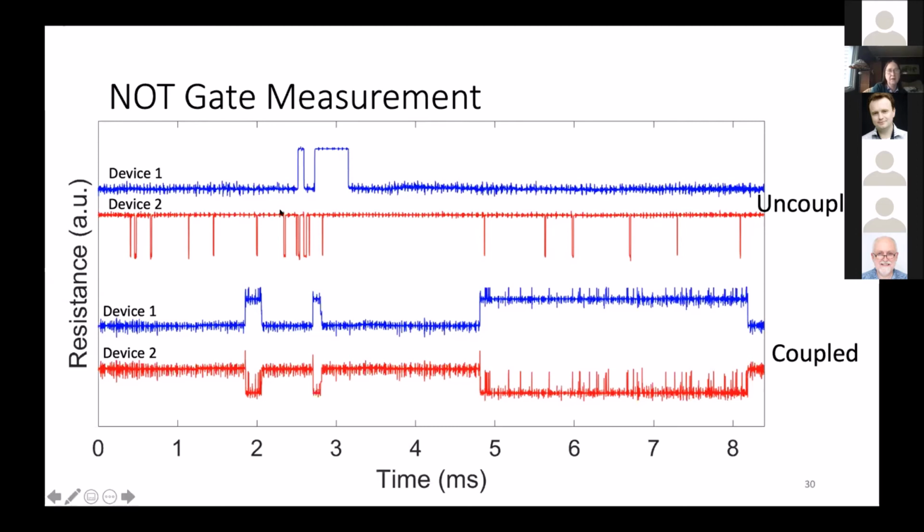The red is in a condition that favors the anti-parallel, but they're really not correlated with one another until we hook them up and, using this dipolar, well, not dipolar coupling, using the feedback that should give the NOT arrangement. And in fact, we see that 95% of the time, the state of device 2 is the NOT of the state of device 1. So the NOT gate is quite straightforward.